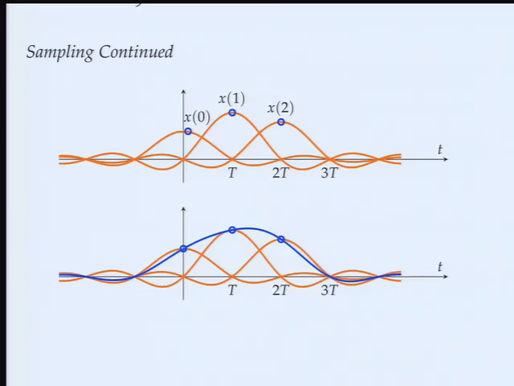And attach a sinc to it. A sinc that crosses 0 at T, at 2T, 3T, and so on. At the sampling points, it crosses 0. Only at the first sampling point, which is 0 in this case, it is non-zero. All right? So it will not interfere with other sampling points. So can you tell me what this function is?